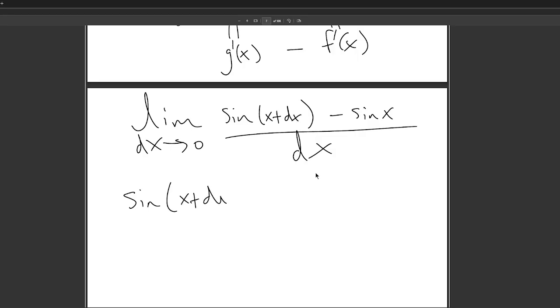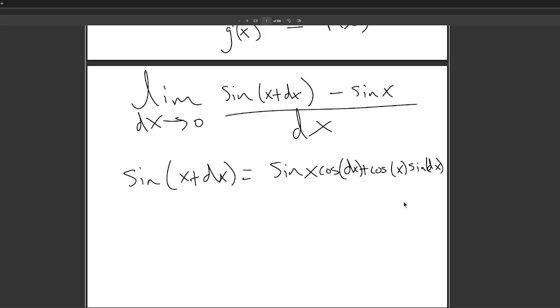Sine of x plus dx is just sine x cosine dx, and plus cosine x sine dx.